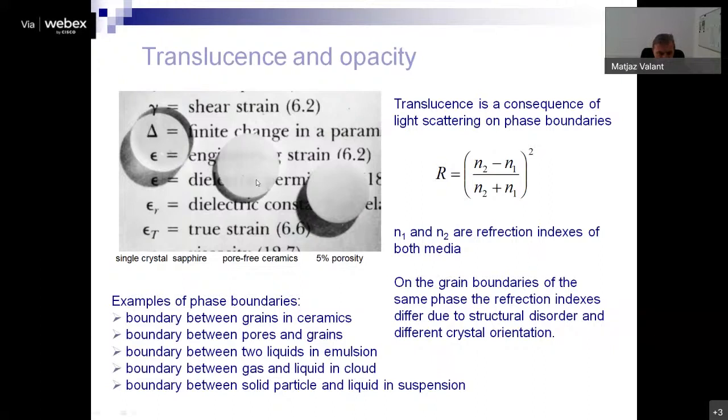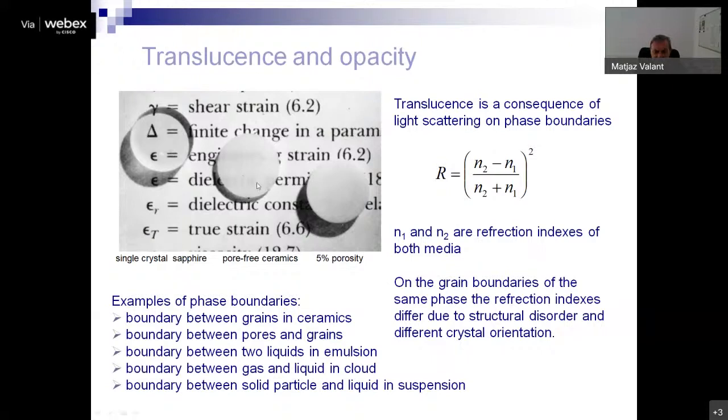However, corundum is a polycrystalline material and has grain boundaries in between. And these grain boundaries are defect structures on which the light scatters.